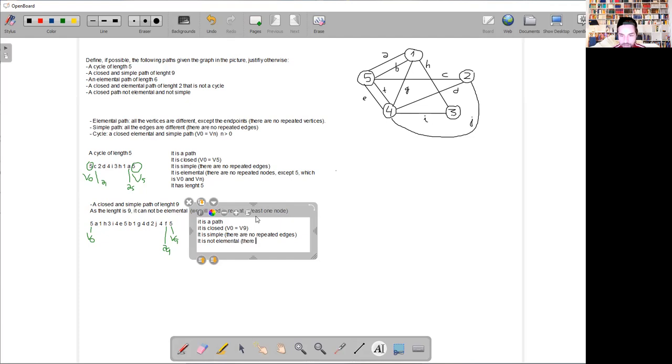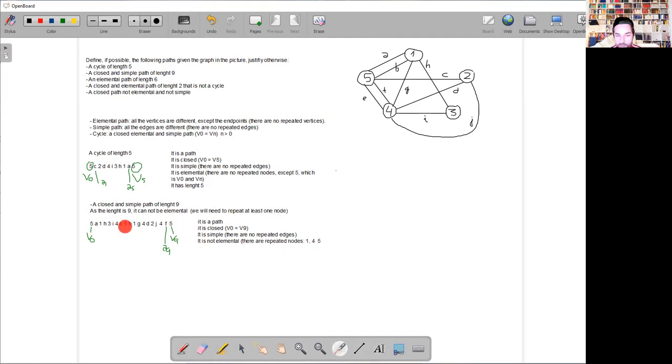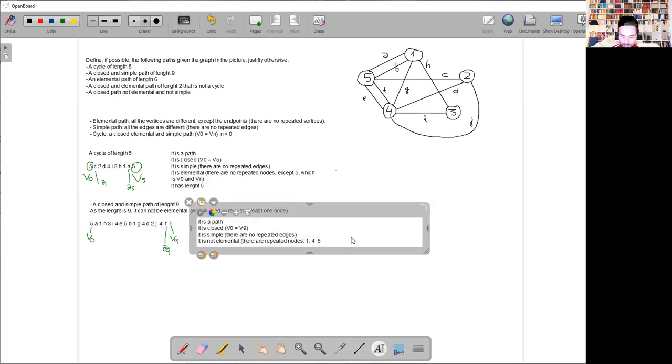Because there are repeated nodes, like 1 and 4, and 5, right? 5 is the end point, but it is also repeated in the middle of the path, right? So it is not elemental. And the length is 9.